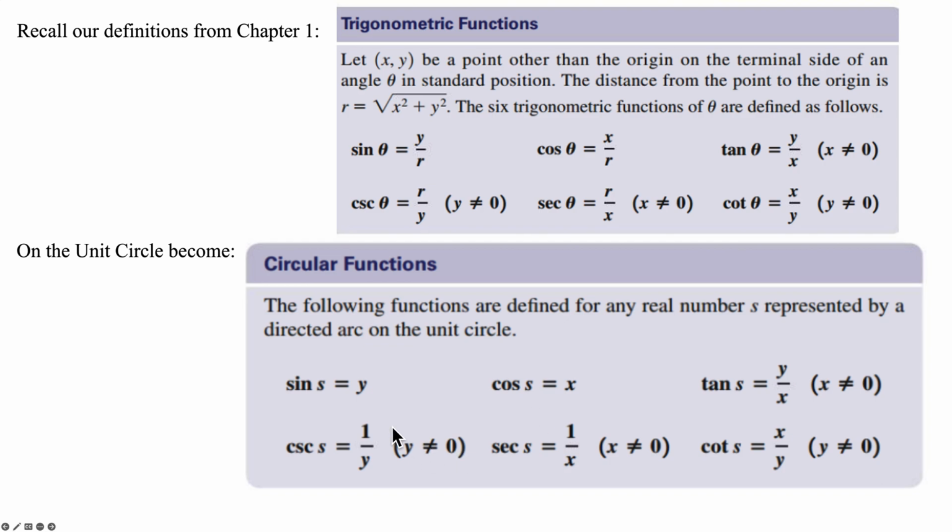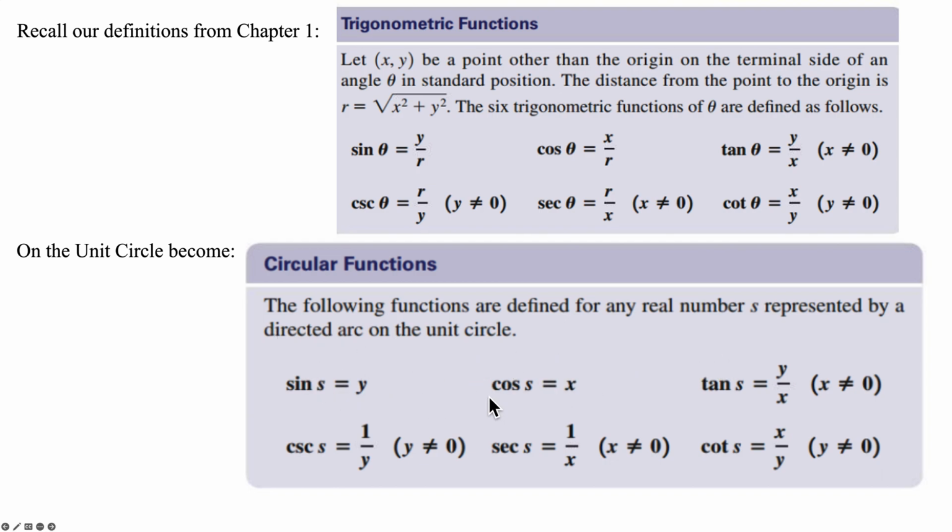Just x. 1 over y, 1 over x. All right? Well, wait a minute. So that means on my unit circle, the x-coordinate is the cosine of S function, and the y-coordinate is sine of the S function. So we're going to build our unit circle.